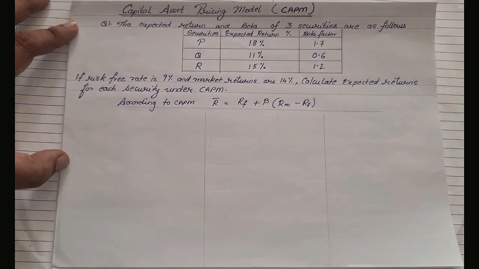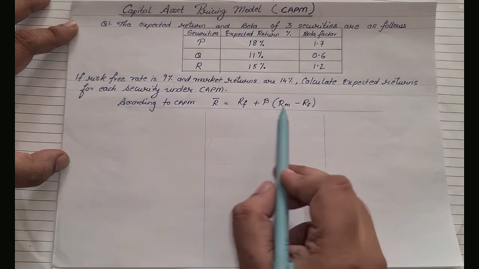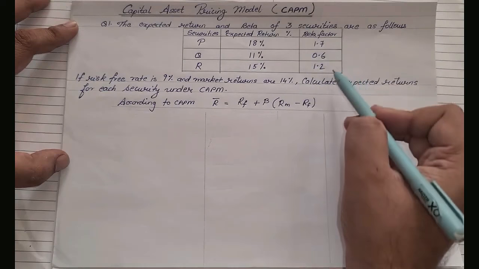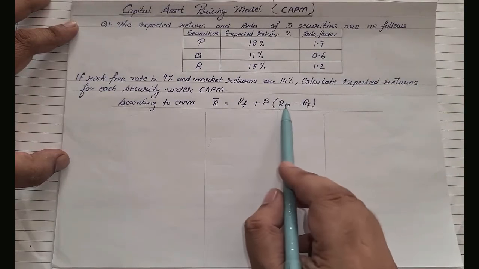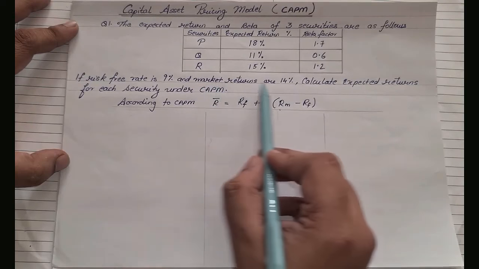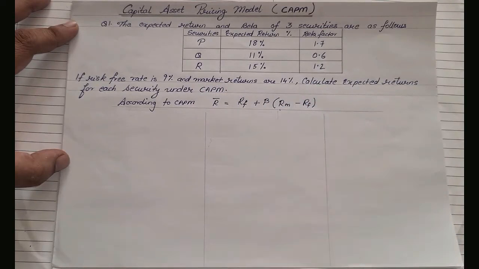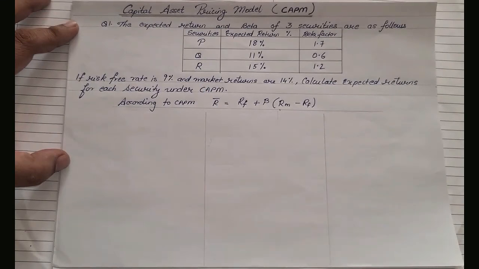That's the formula for finding expected return under CAPM. The risk-free rate is given to us. Beta is given for each security. Now, if you look carefully here, they have already given you the market return. So for all the cases, the market return will be 14, and the risk-free rate again is 9. So again, a very simple formula. Now we'll just apply it to each security and try to get the expected return under CAPM.